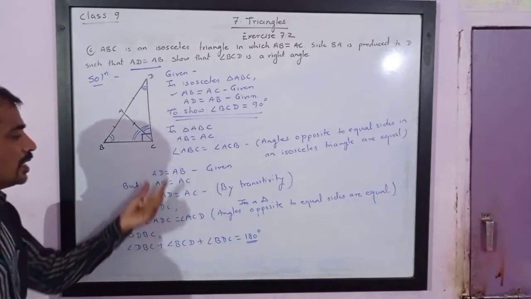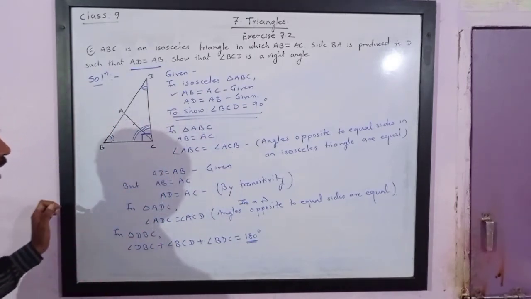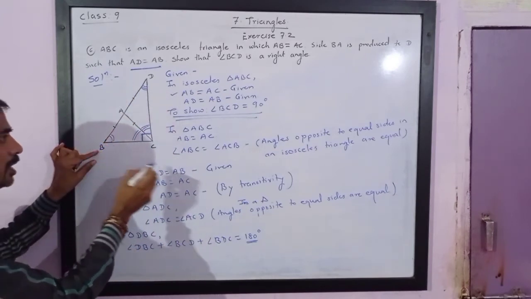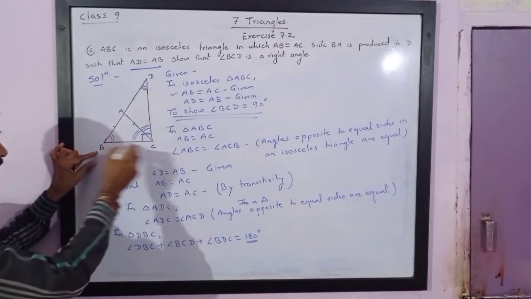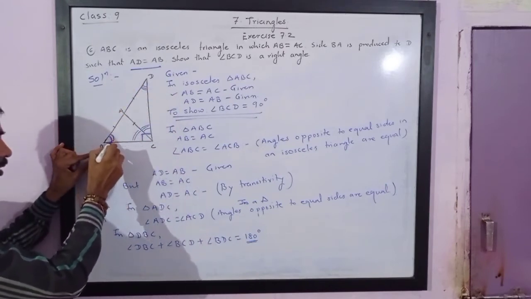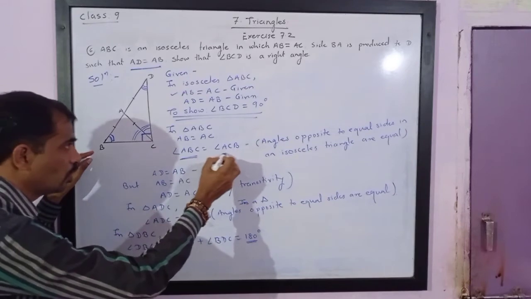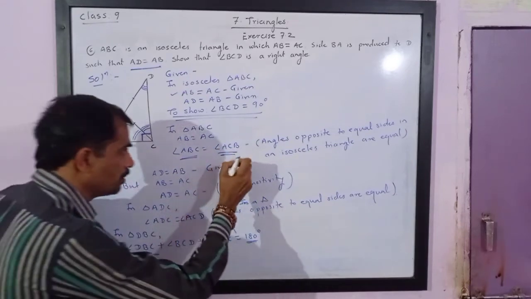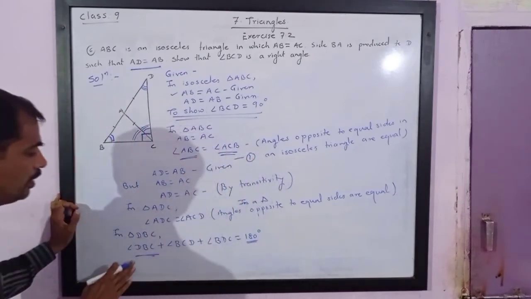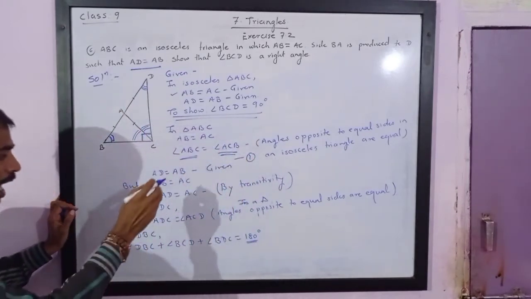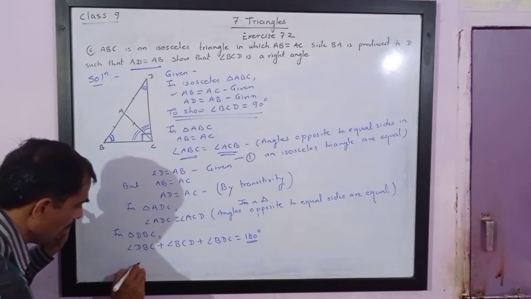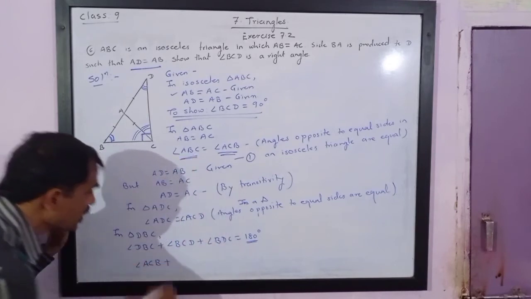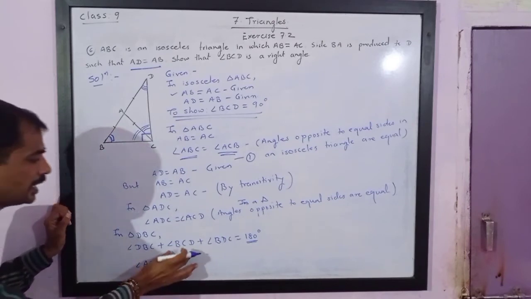Now by using this, see what I get. DBC is nothing but ABC. DBC and ABC are one and the same angle. But ABC is equal to ACB. So instead of DBC, I can write ACB. From equation 1, I will get angle ACB plus angle BCD.